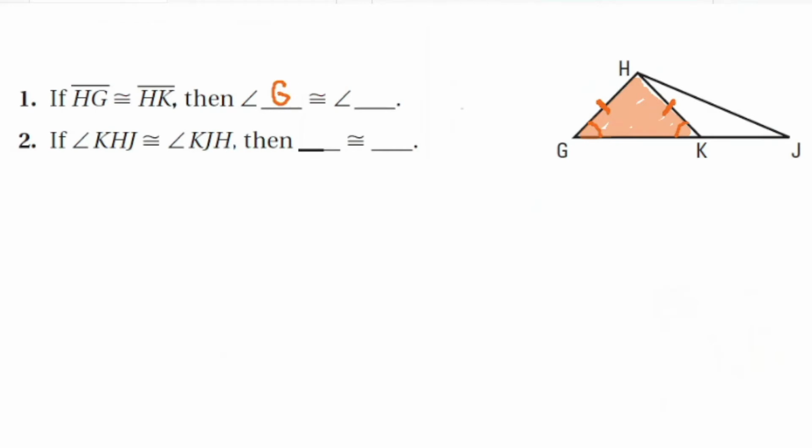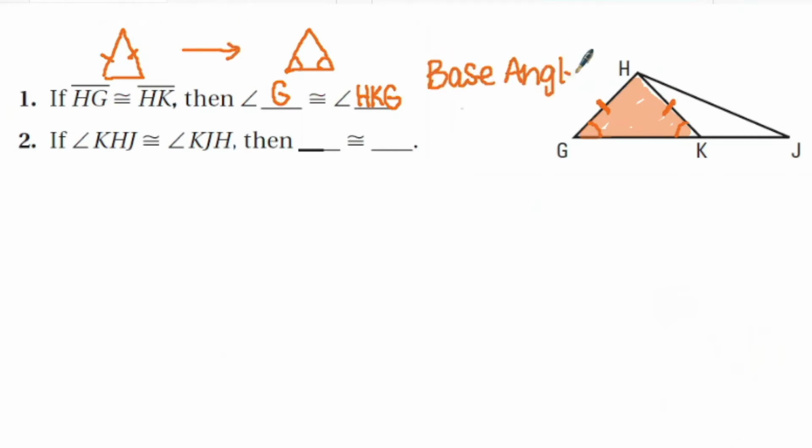Angle G and angle, I guess we'll need three letters for this one, HKG, are congruent to each other. And since I went from the congruent sides to the conclusion that the angles were congruent, that tells me I was using the original base angles theorem.